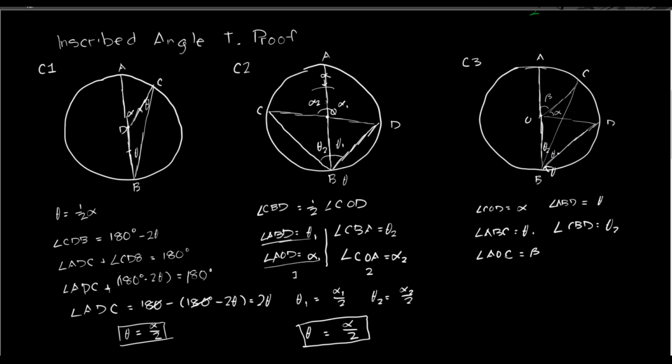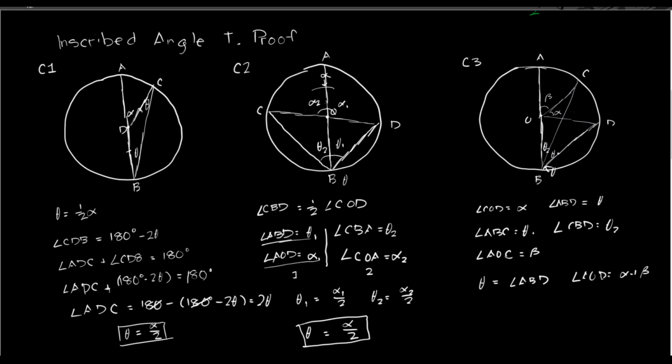We see that the inscribed angle ABD subtends arc AD, and so does the central angle AOD. So theta is angle ABD, our inscribed angle, but our central angle AOD is actually equal to alpha plus beta.